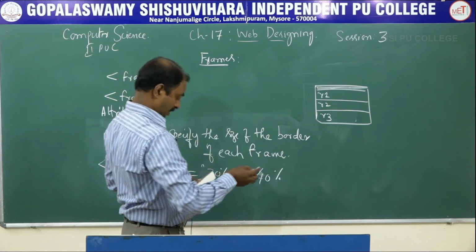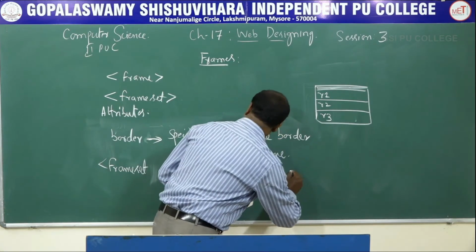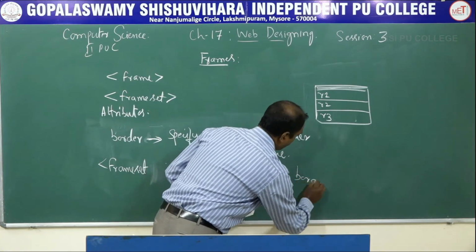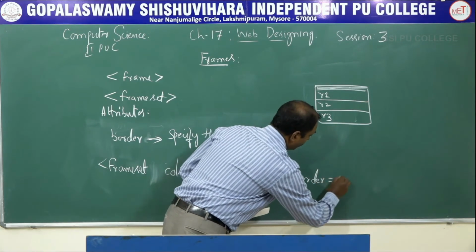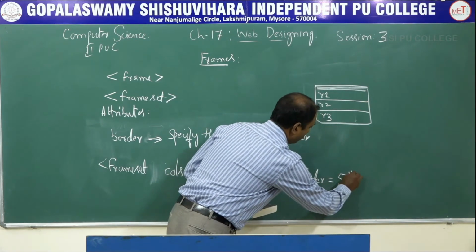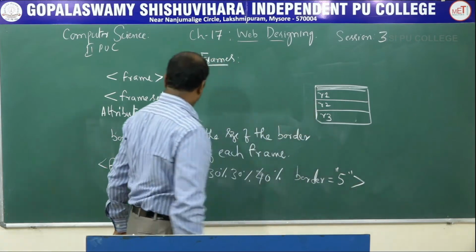Along with this, we can write here border equals 5.